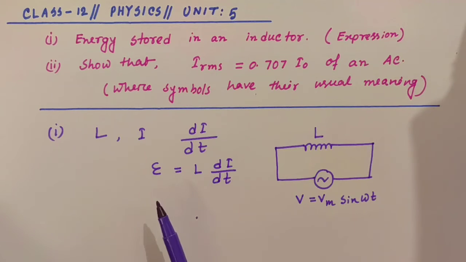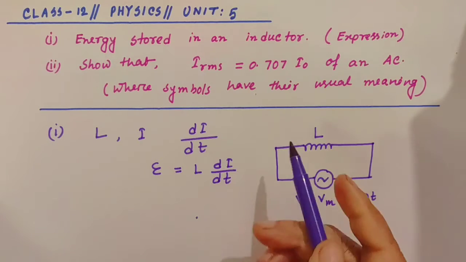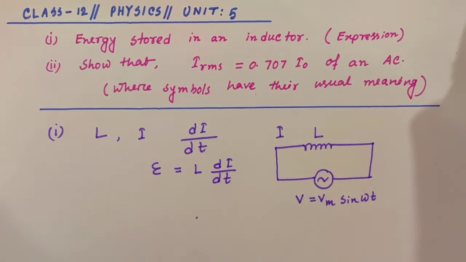So while the current I in the inductor is changing at the rate di/dt, the induced EMF E is equal to L di/dt and appears across the inductor.